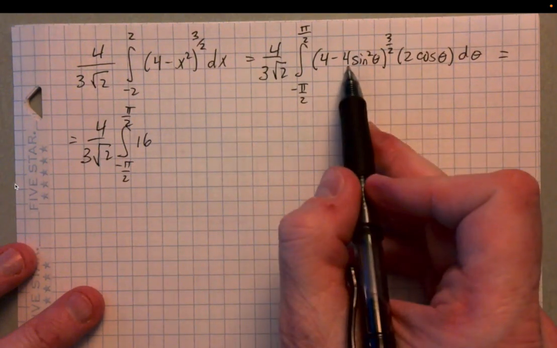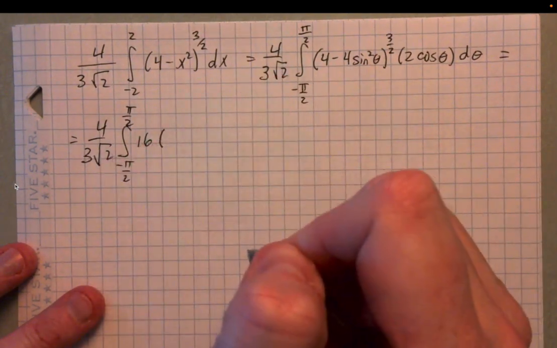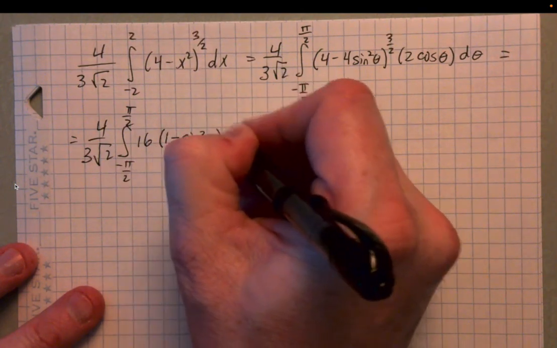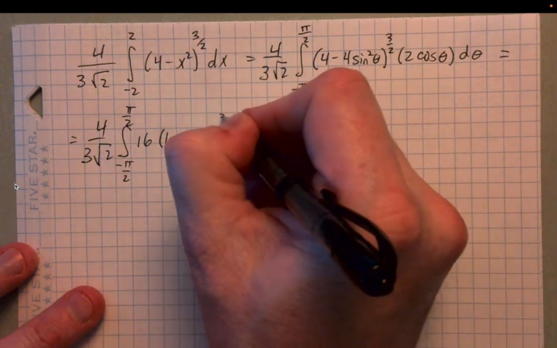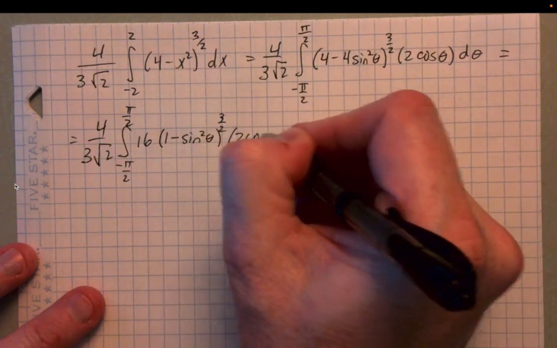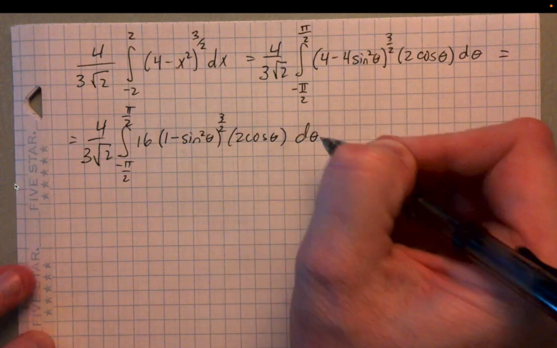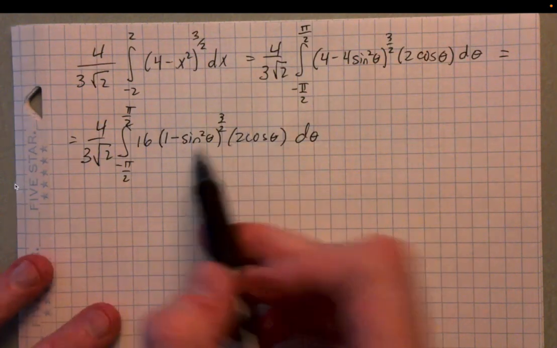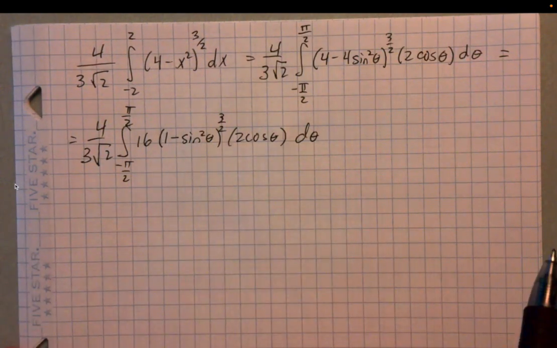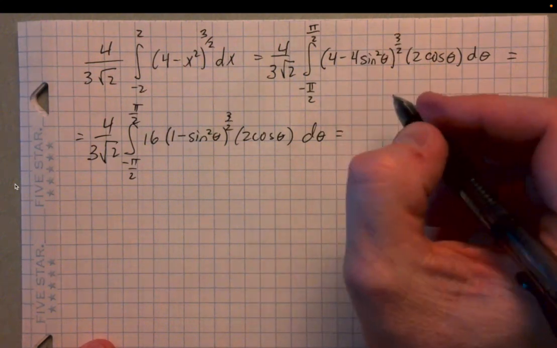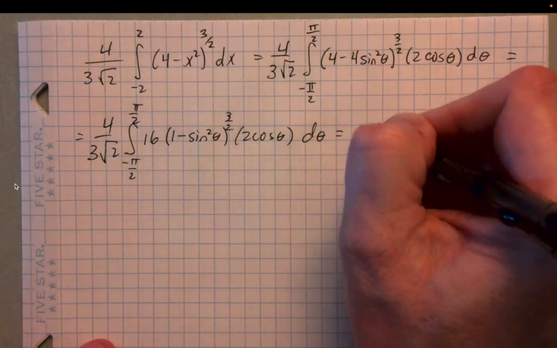And then what you're left with is 1 minus sine squared theta. Okay, and that's actually to the 3/2 power still. And then you're going to have the 2 cos theta down here still. Okay, no problems yet. This 1 minus sine squared theta, that's just cos squared theta. That's the Pythagorean identity, right? So we can use that.